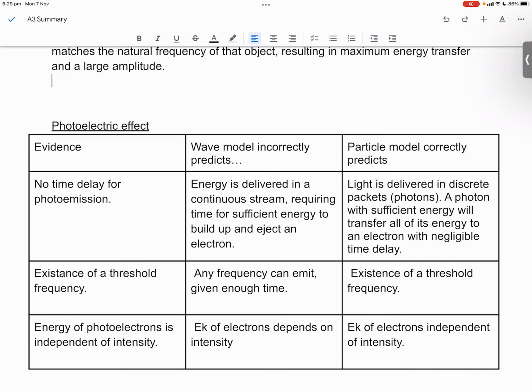But that's not what was observed: there was a threshold frequency, and photoemission occurred without virtually any time delay. The particle model did explain that, because energy is delivered in a photon, a particle, and all the energy could be transferred at once. A wave model didn't explain it, because for very dim sources, time is required.